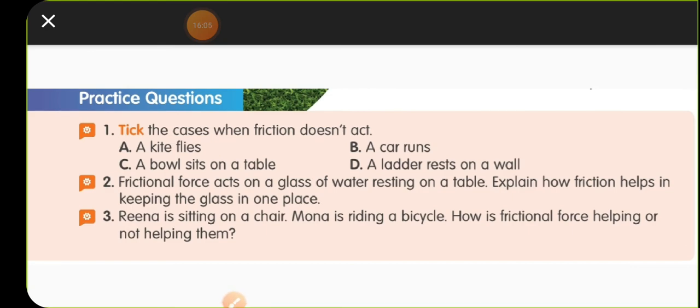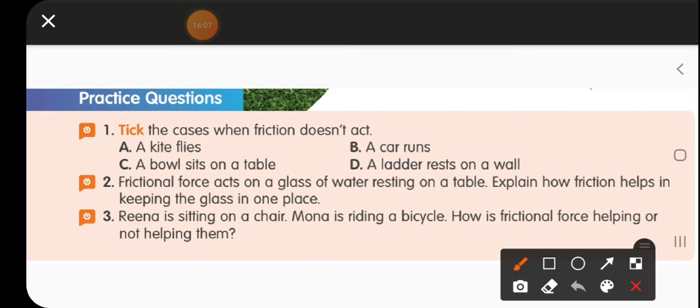Now the second question, frictional force acts on a glass of water resting on a table. Explain how the frictional force helps in keeping the glass in one place. Now the interlocking between the glass and the table keeps the glass in one place. What is the word here you have to mention?